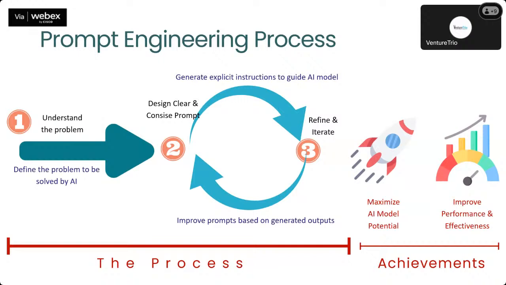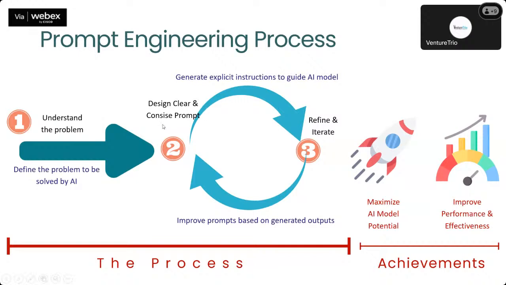In the first step, define the problem to be solved by AI. We have to define the problem, what we are going to solve, right? We have to understand the problem first, then define the problem in a simple prompt, in a simple line, simple language, having all the data we have to get more accurate information.